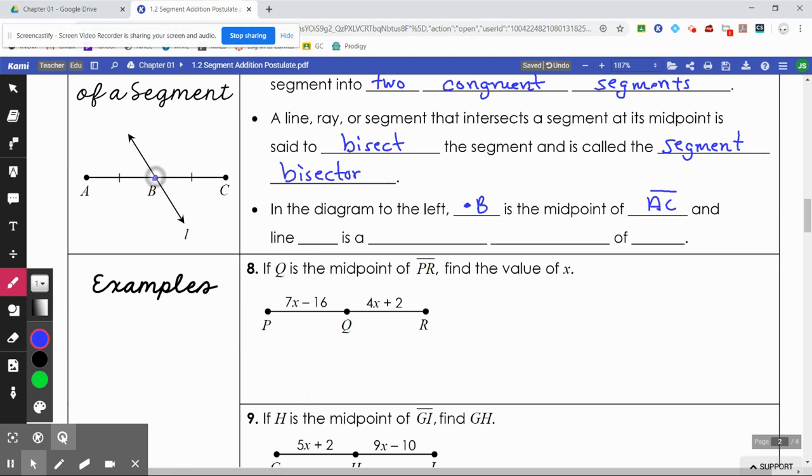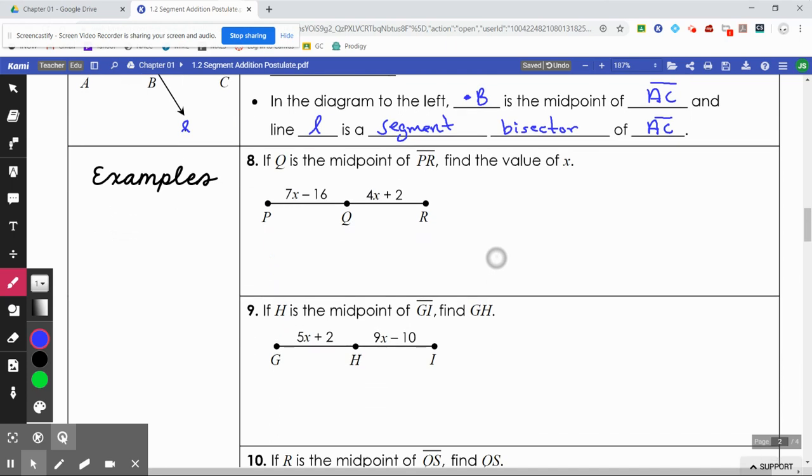So point B is the middle of line segment AC. And line L, here you've got your line L. Line L is a segment bisector because it cuts it in half. So line L by definition is a segment bisector of AC.